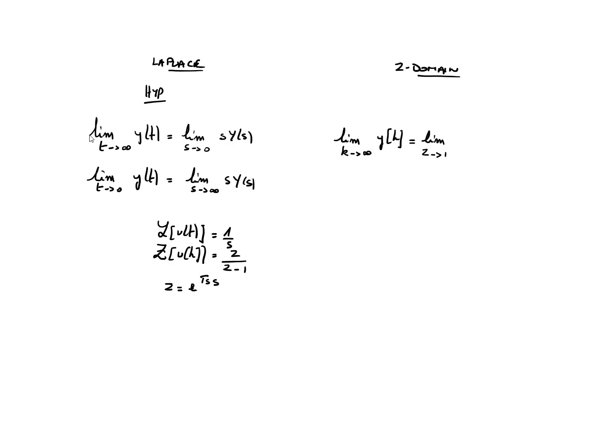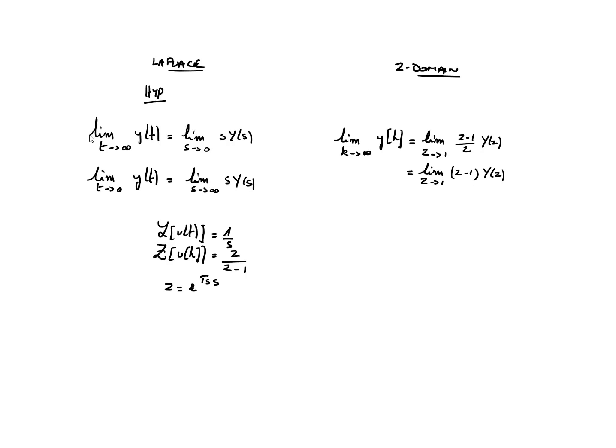And s, well, we can see that, and this is how you see that it's not a proof. 1 over s corresponds to z over z minus 1, so s will correspond to z minus 1 over z, times y of z. This is equivalent to the limit when z is tending to 1 of z minus 1 over z y of z. And this is the final value theorem in the z domain.